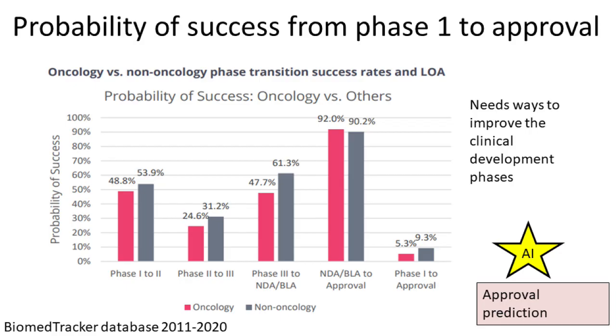But clearly this is where we think we can improve the approval rate with models. And then from phase 3 to NDA, or NDA to approval, almost 50% of the drugs pass after phase 3 is complete.